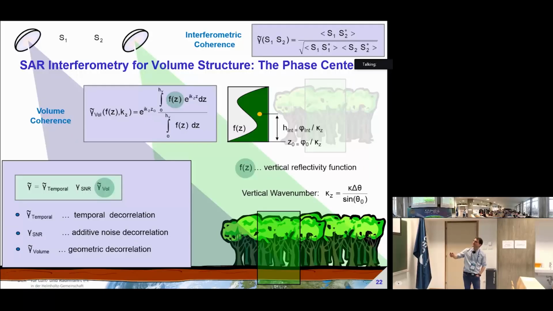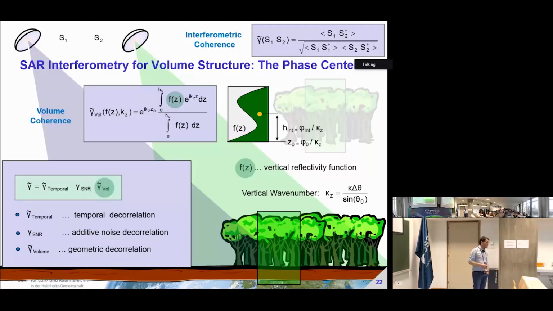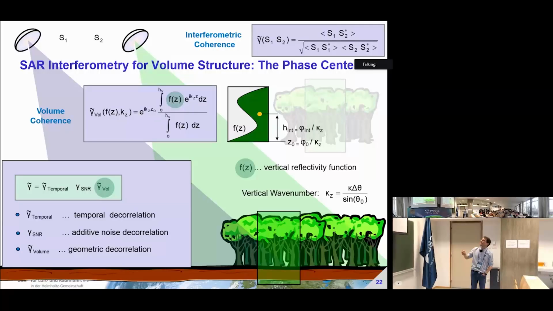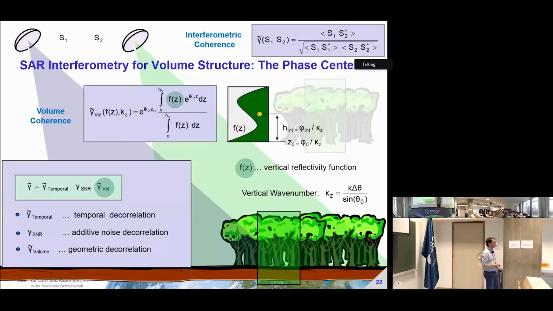You convert this phase to height. How do you convert phase to height? With the capacita. You take the phase, you divide by capacita, you get a height. And if this height is closer to the ground, then you start to think that a big part of your scattering contributions are indeed closer to the ground.